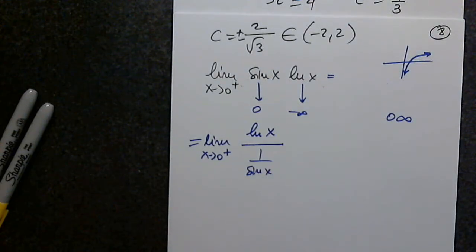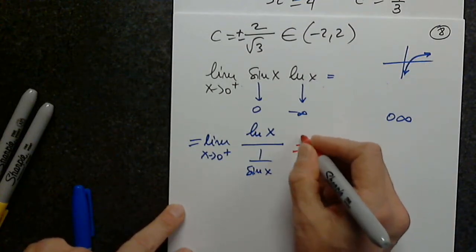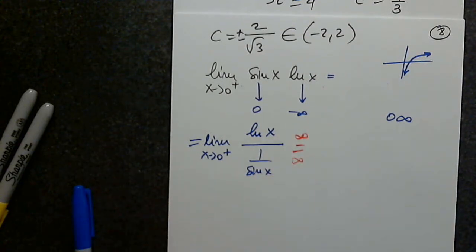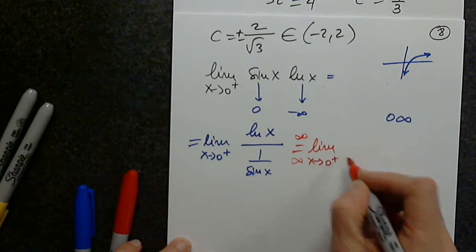When I divide by a fraction, I have to flip the fraction, right? Okay. So therefore, when I differentiate now, because this becomes infinity over infinity, because it's 1 over 0 from the right, now L'Hopital's rule is applicable. So then we have the limit as x approaches 0 from the right.